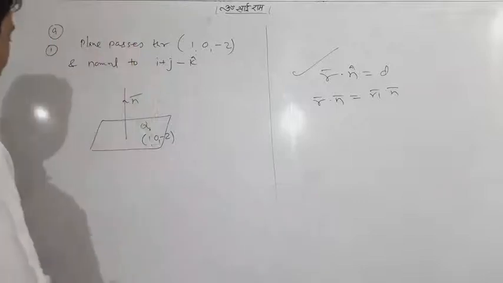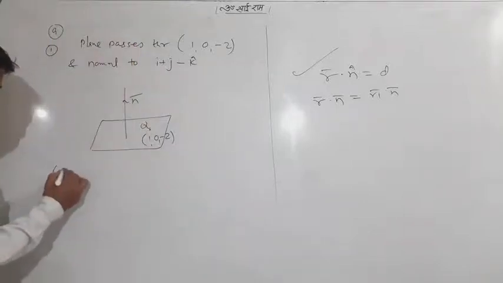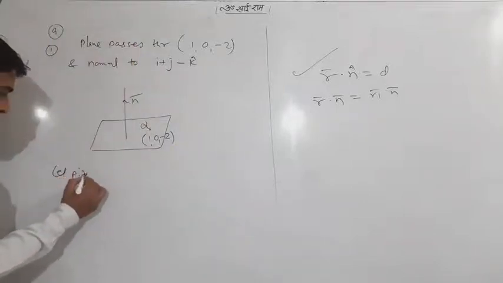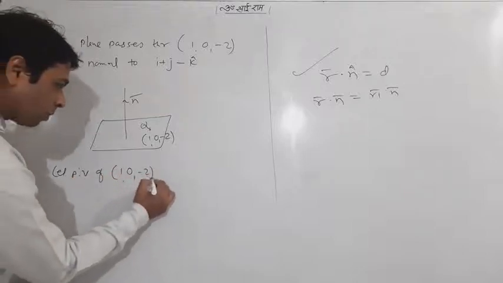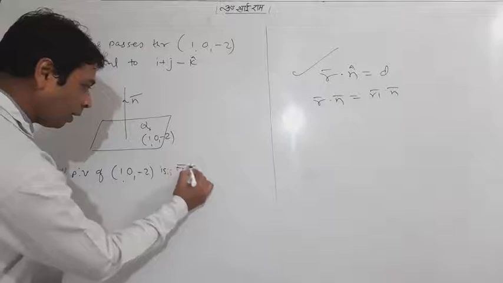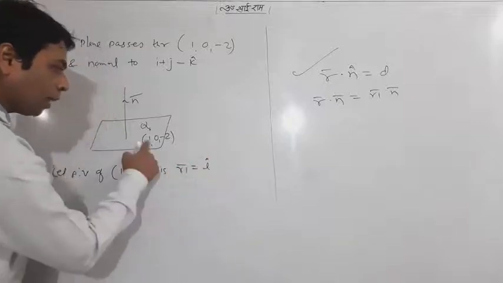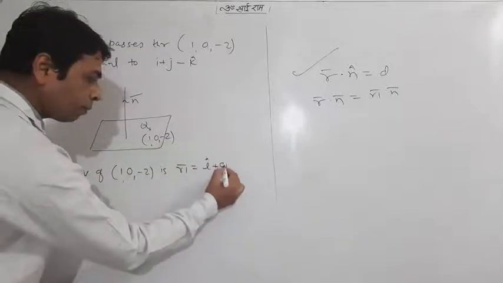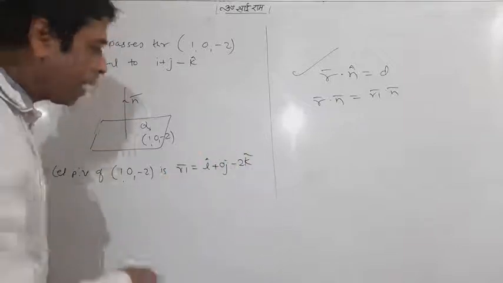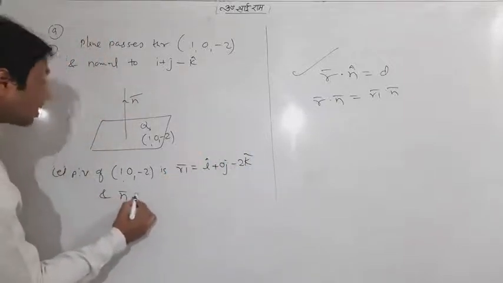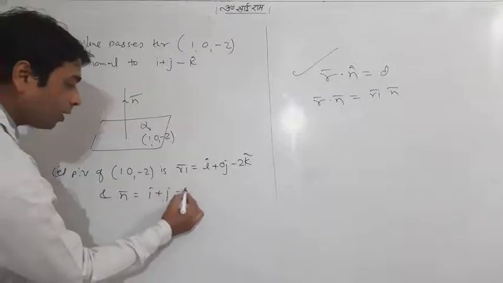So I would say here, let the position vector of 1, 0, minus 2 be r1. This is 1i plus 0j minus 2k, by which the plane passes, and n is given as i plus j minus k.